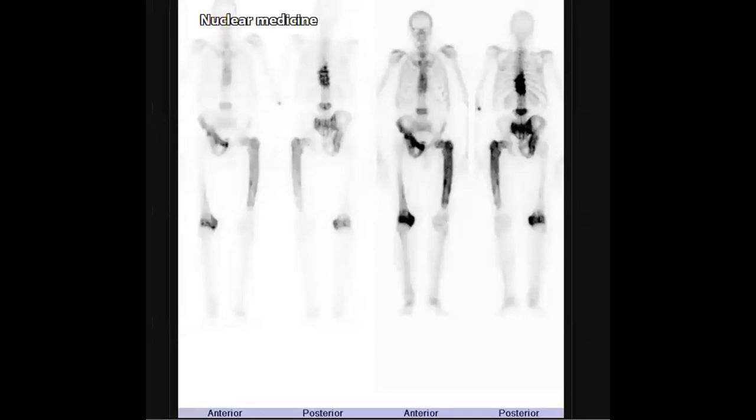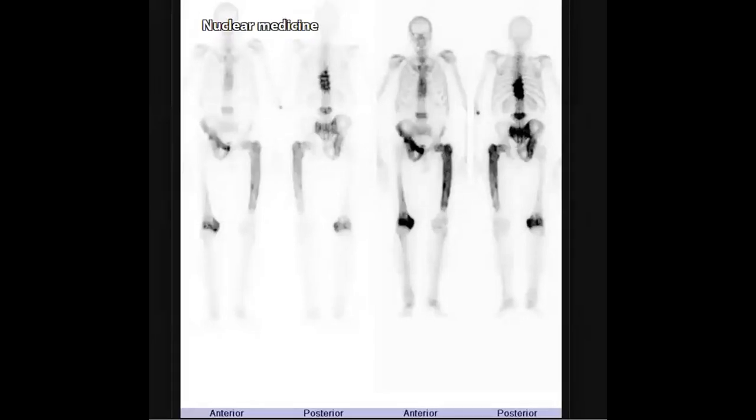Another patient who is a bit old did this bone scan because he has chronic pain. If someone saw this before, he will say that it is typical for, yes, I can see there is an attack in the chat. Everyone says this is Paget disease. Exactly, this is Paget disease.